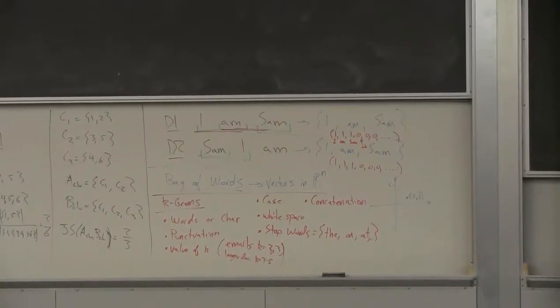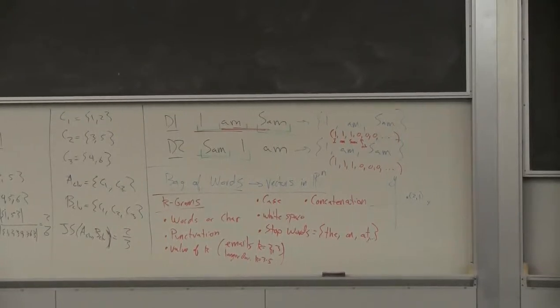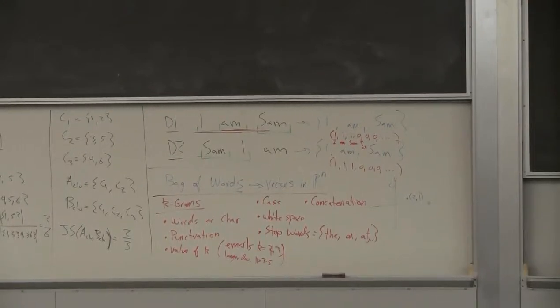Right, so some of you are still looking for topics for projects. One of the easiest ways to form a project is to look at some particular type of text that you were interested in, and I've had several groups do this every year in the class, and look at different ways of breaking it down into these k-grams and using similarity to do some other stuff.